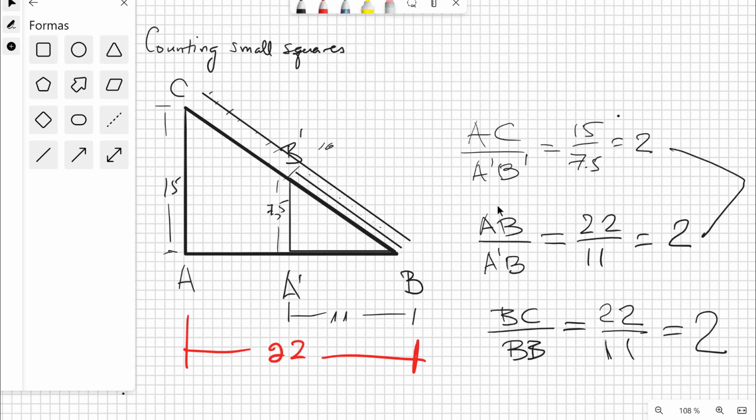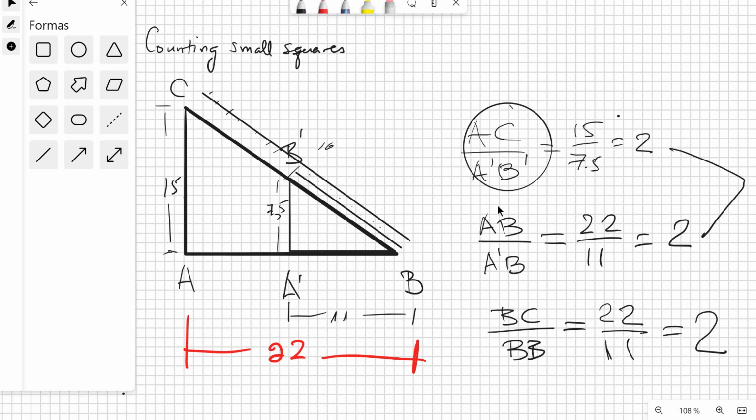What I mean is that the relationship between similar or corresponding sides is just the same. I don't mean that it is always 2. It depends on the size of any triangle, of the bigger and the smaller.